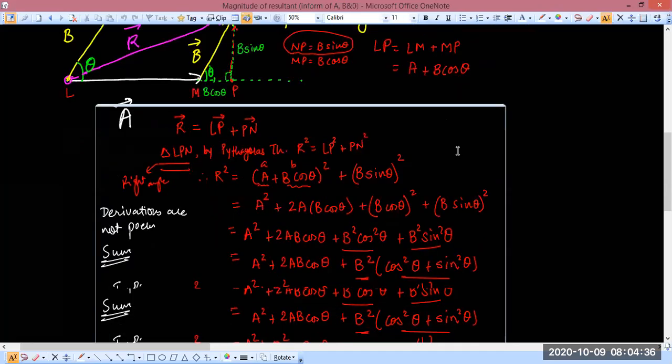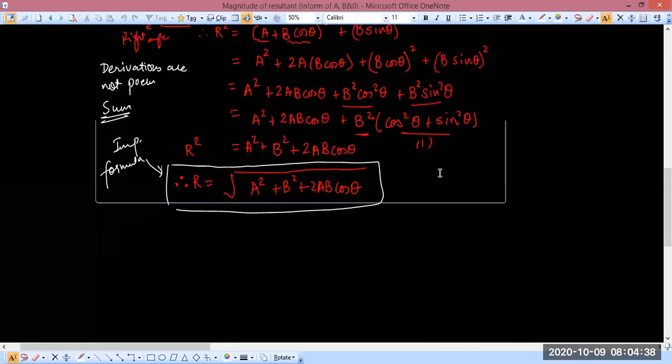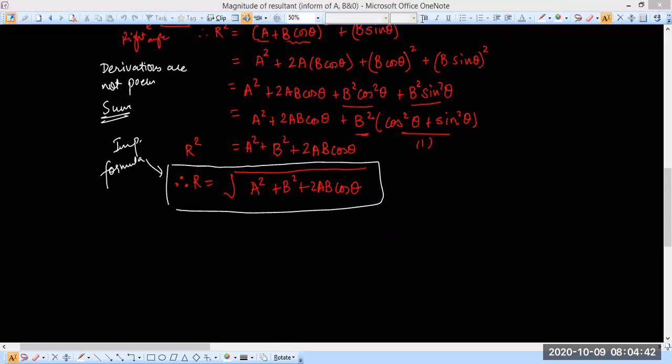Even yesterday I told you about that warning regarding angle. So let's talk about that. Let's practice this formula, how to use it.